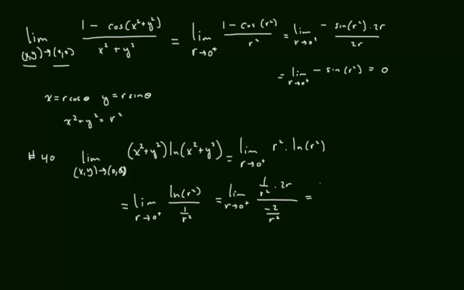We got some simplification here. The limit as r goes to 0 from the right of 2 over r times r cubed over negative 2, and that leads to the limit, still simplifying here, as r goes to 0 from the right of negative r squared, which also equals 0.